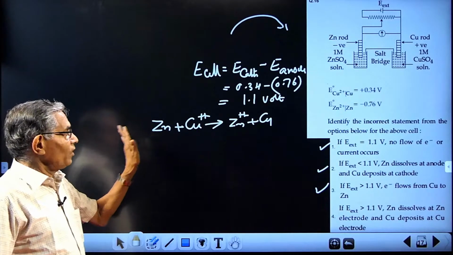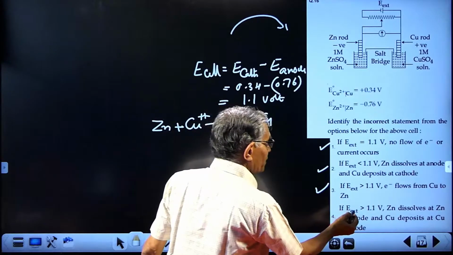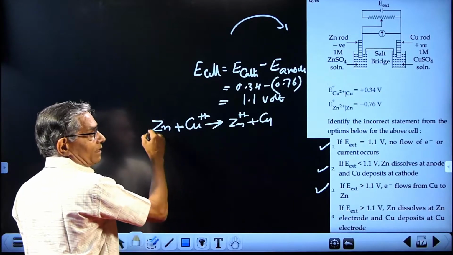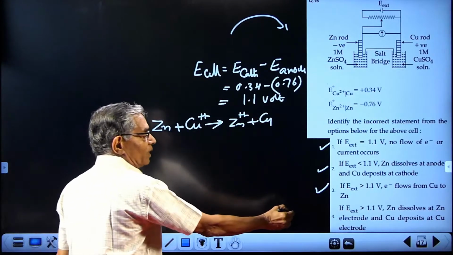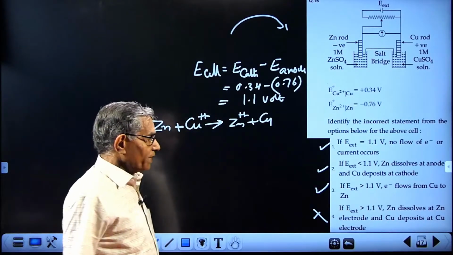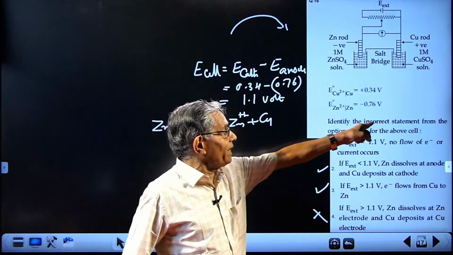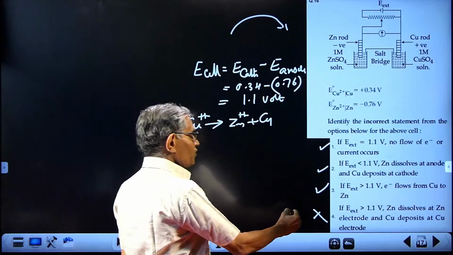That means zinc cannot dissolve. What is given in option 4 is external voltage greater than 1.1, zinc dissolves, the same reaction. Zinc cannot dissolve, reverse should occur. So that is what is wrong. Therefore, correct options are 1, 2, 3. But the question is, which is the incorrect statement? Incorrect means answer 4. Your answer is 4.